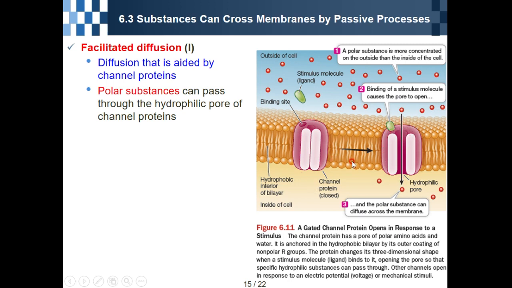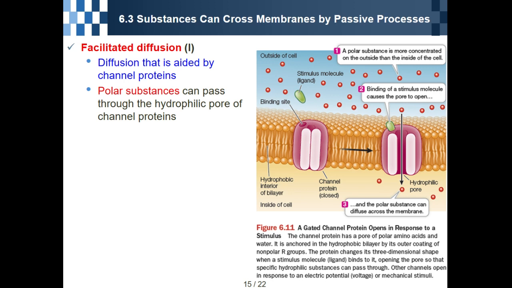Because we have the channel protein, these kinds of polar substances can pass through the lipid bilayer. For example, outside the cell there are lots of polar molecules, but they cannot penetrate the phospholipid bilayer. However, there is a channel protein there. So when some ligand binds here, it opens the channel protein.